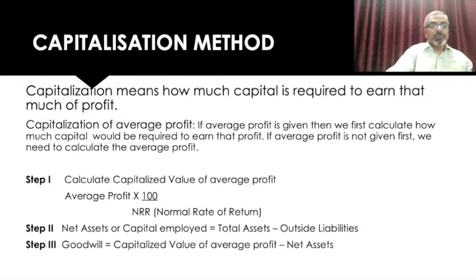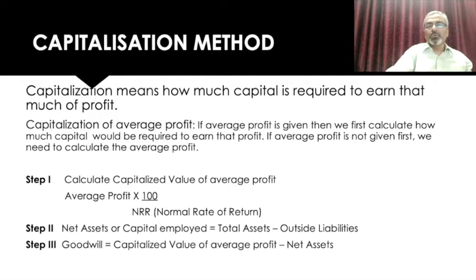Okay. Now, when we are using the first method, that is capitalization of average profit, there are certain steps to be followed. The first step is to calculate the capitalized value of the average profit. Generally in a sum, the average profit is already given. But if the average profit is not given, first we have to calculate the average profit.